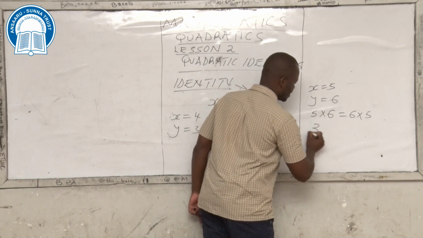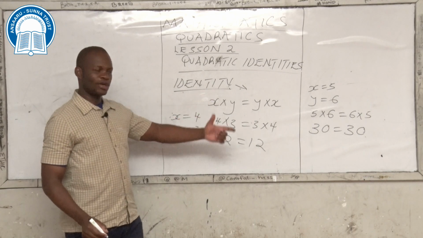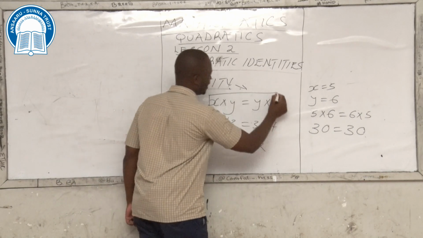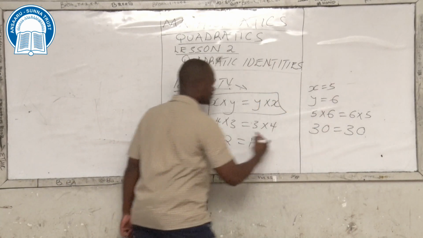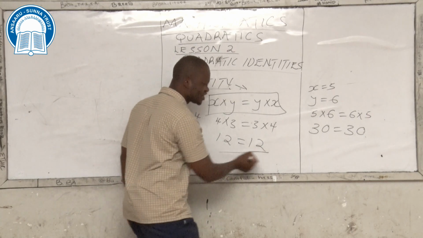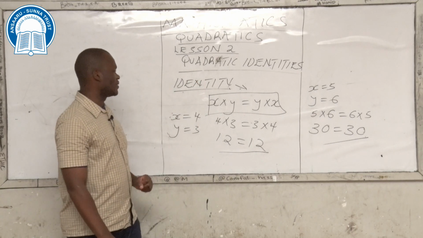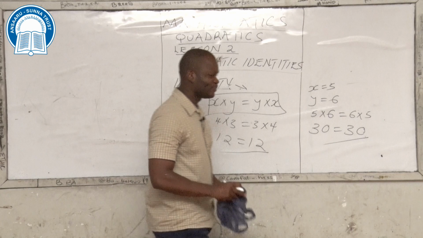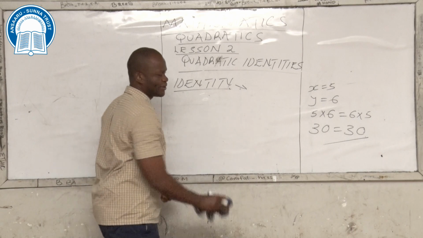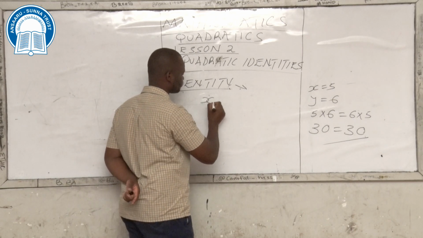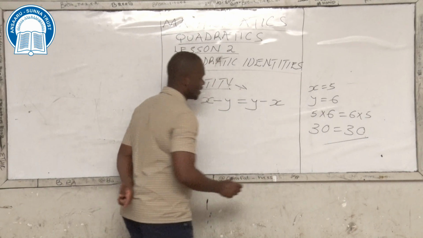I end up with 30 equals 30, meaning the equation holds. Therefore, this is another example of an identity. Regardless of the combination of the values of x and y, the equation still holds. The equation is satisfied. Now, we look at our third and possibly last example to confirm what an identity is. Now, if I have x minus y is equal to y minus x.